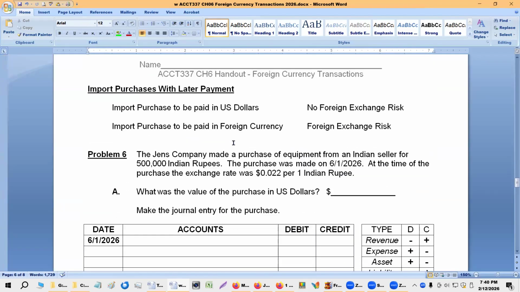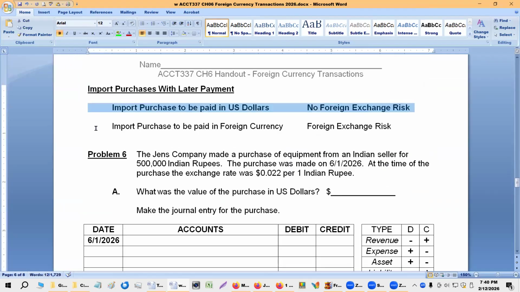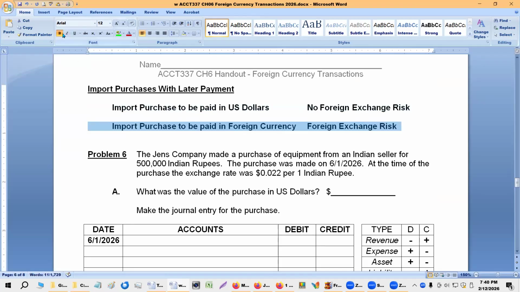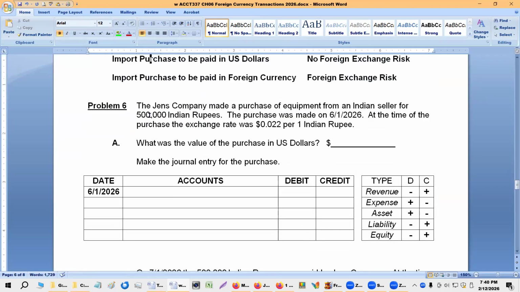These are imports. So when we buy something. Okay, notice what happened. We have this contract, but it's not in US dollars. It's in Indian rupees.